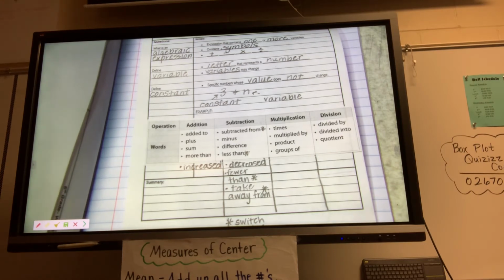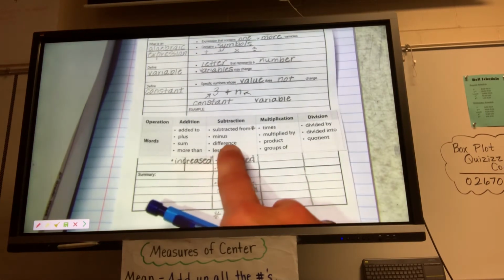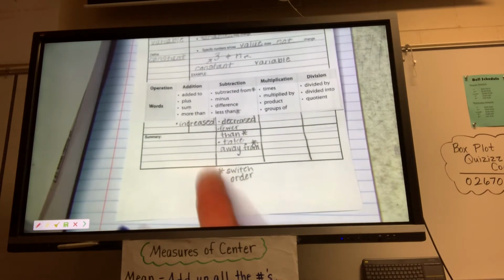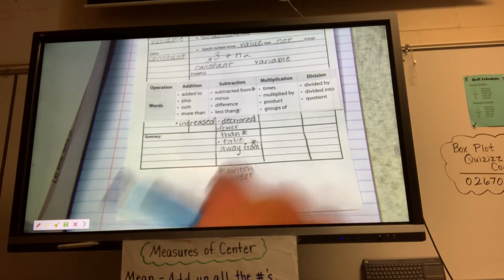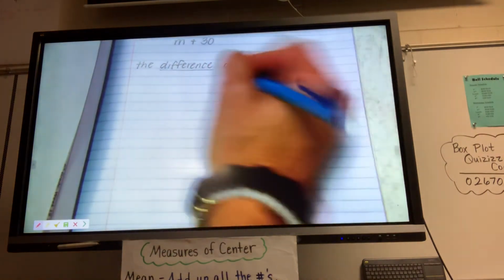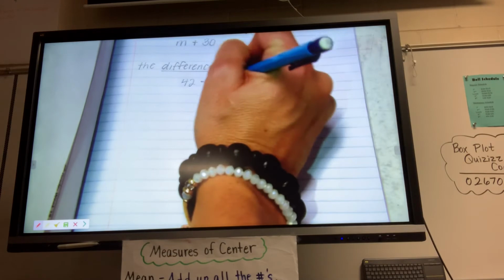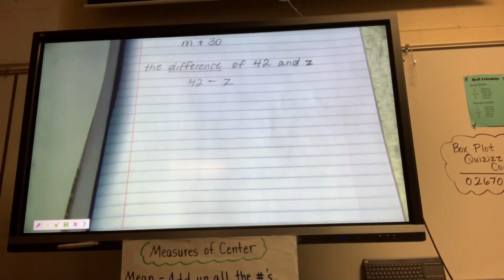Sometimes we have to keep it in the same order, sometimes we have to switch it. This one doesn't have a star by it. Does the word difference have a star by it? No, so we're not switching the order. This is why we wrote the stars: they tell us which ones we have to switch the order on. We're not switching the order on this. So it says 42 and Z. That means I'm going to take the number 42 minus Z. So 42 minus Z.